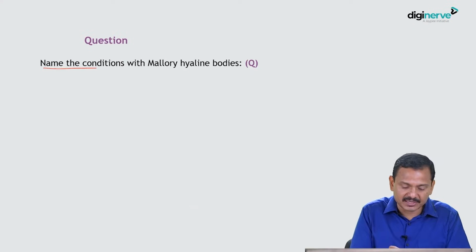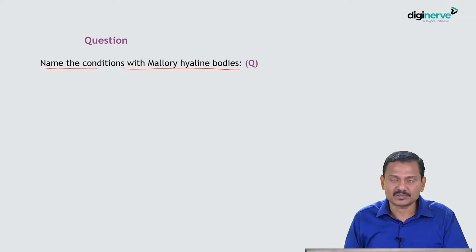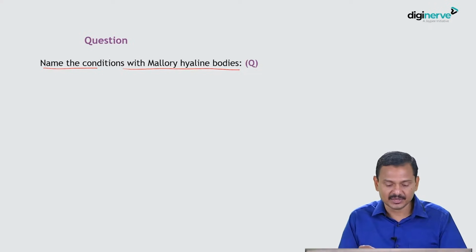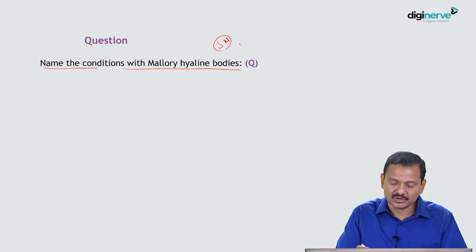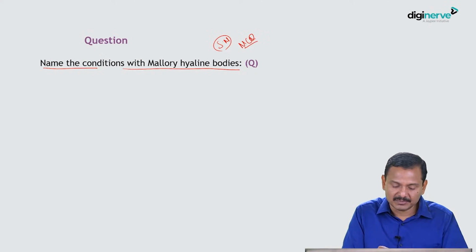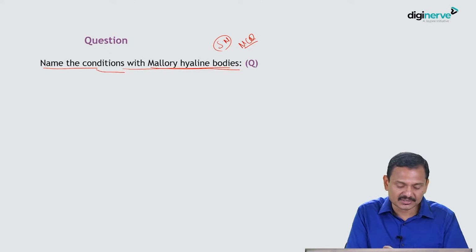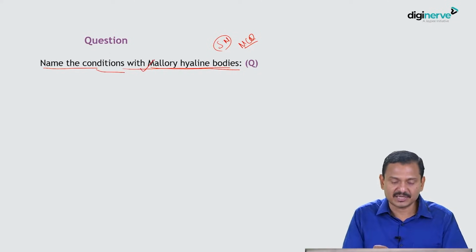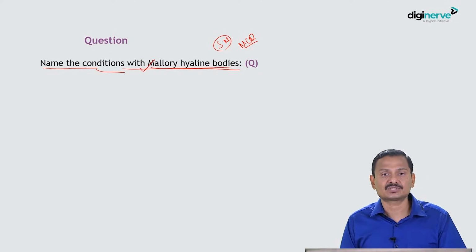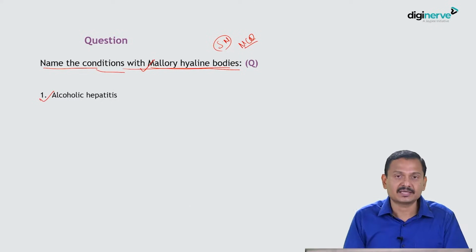First, name the conditions that are associated with Mallory hyaline bodies. This can be a short note or you will get an MCQ on Mallory hyaline or Mallory-Denk bodies. So which conditions are associated with Mallory-Denk bodies? First, alcoholic hepatitis.